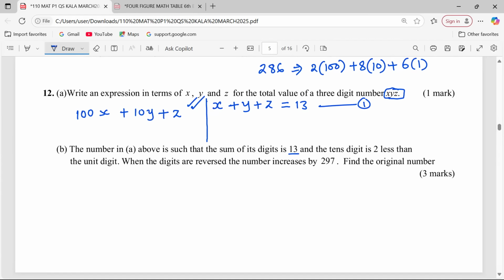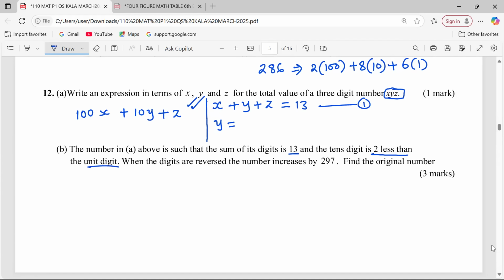We proceed again to interpret. We are also told that the tens digit is 2 less than the units digit. So the tens digit is Y. Y equals 2 less than the units digit.